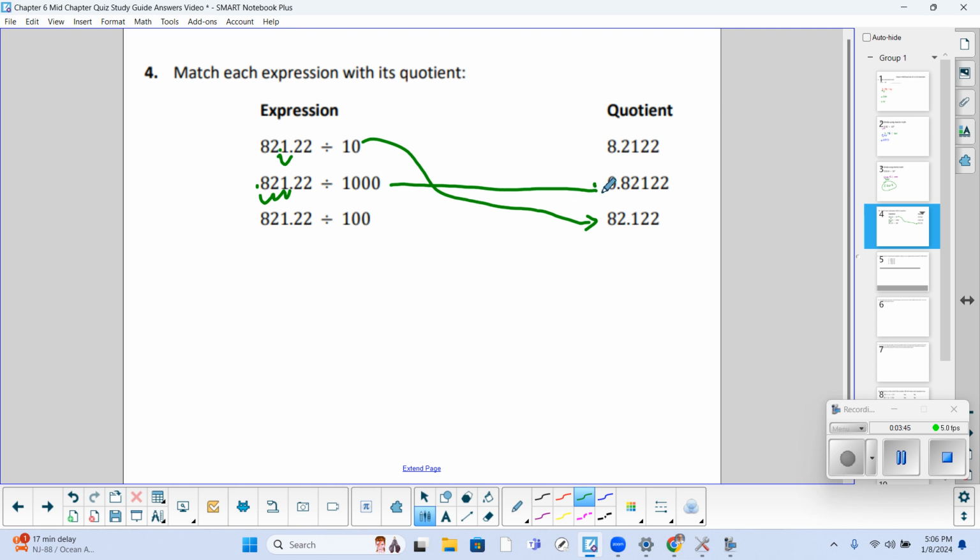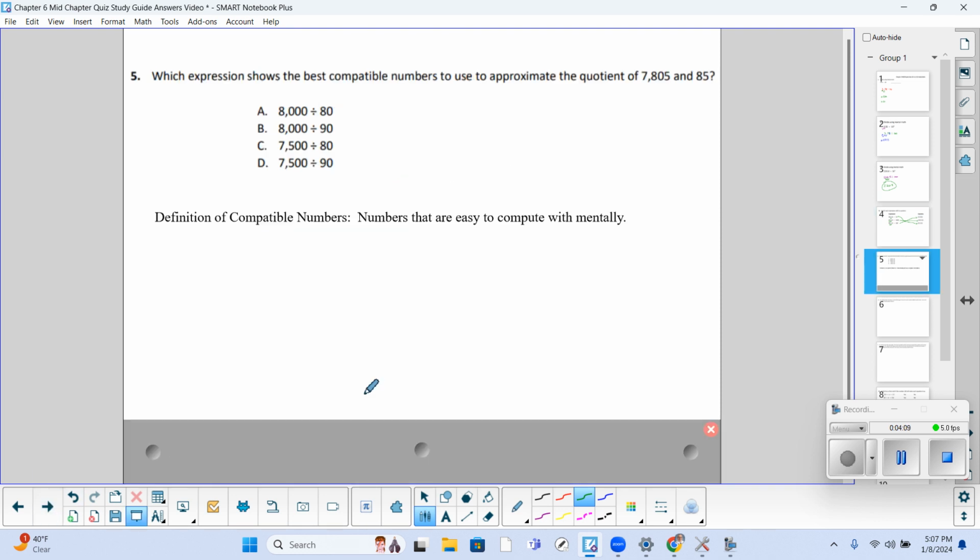So that one matches here. And the last one, before I just choose it, let's just make sure. 821.22 divided by 100 means the decimal would move over 1, 2 spaces. So it would be between the 8 and the 2 here. So 8.2122. There you go.